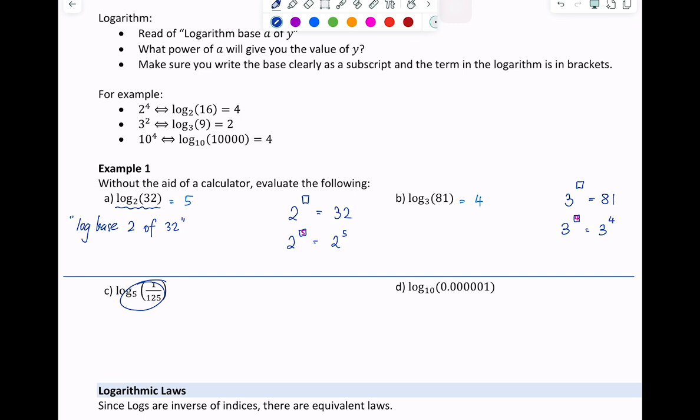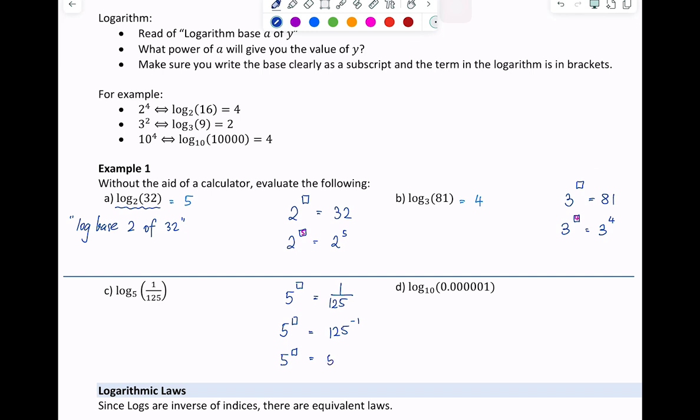Here we have log base 5 of 1 over 125. If we rewrite this in an exponential format, it's 5 to the power of something equals 1 over 125. We're going to manipulate the right hand side a bit, so 5 to the power of something is equal to 125 to the power of negative 1, because we are taking the denominator into the numerator, therefore we are introducing negative indices.